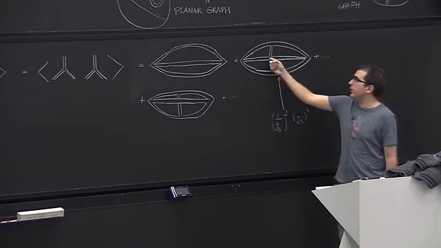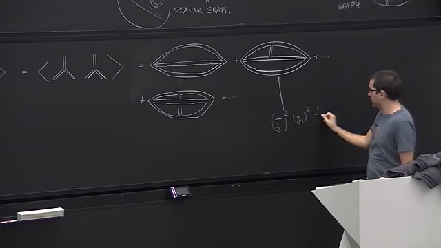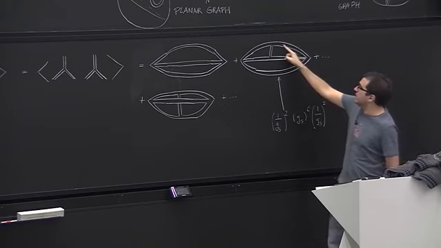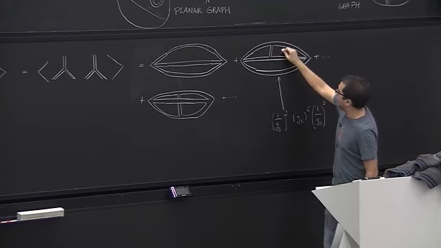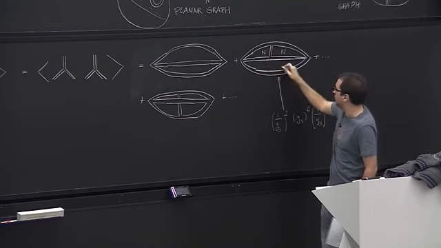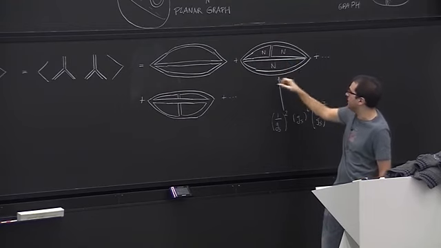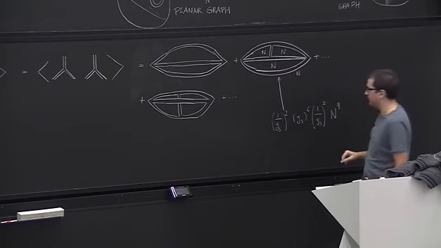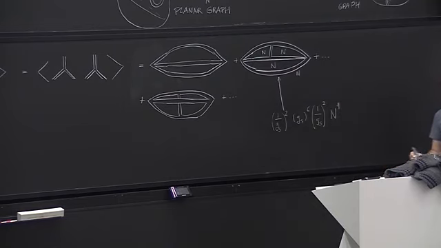We have 1, 2 vertices. Each vertex comes with 1 over G string. And then we sum over this index here, so that gives 1 power of n. We sum over this index gives another power of n. We sum over this index another power of n, and the external one another power of n, times n to the 4. Yeah?